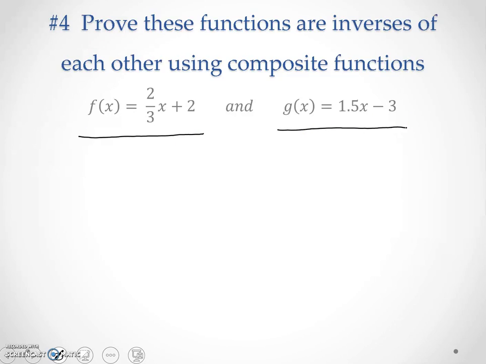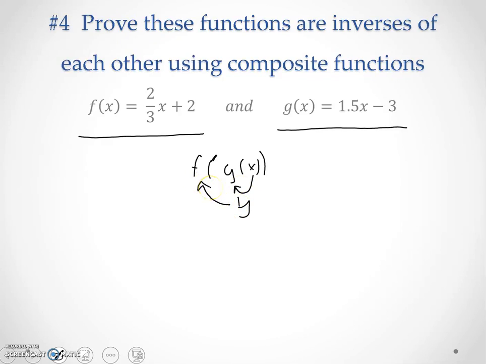So if I had something like this, and I had f of g of x, then what this would mean from our composite function a couple of days ago is I would take x and I would stick it into the g of x function, and I'm going to get what I would call the y back out. Well, then I would take that y and stick it into the f of x function.